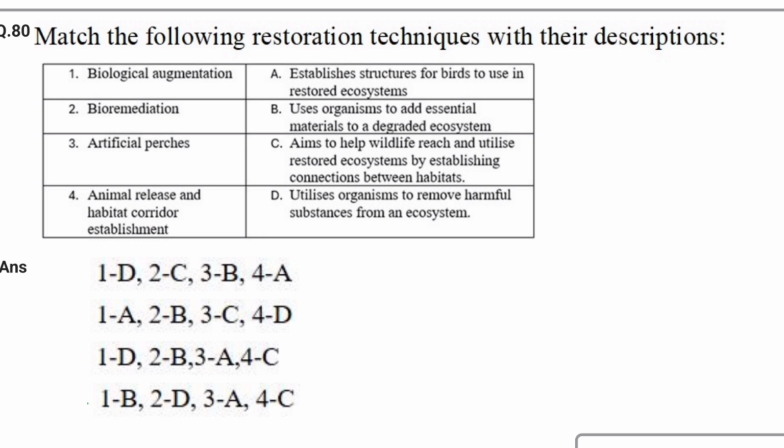Artificial perches are related to establishing structures for birds to use in restored ecosystems. Animal release and habitat corridor establishment aim to help wildlife reach and utilize restored ecosystems by establishing connections between habitats. So the correct answer is the fourth one.